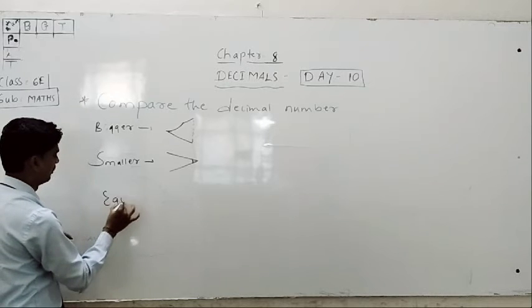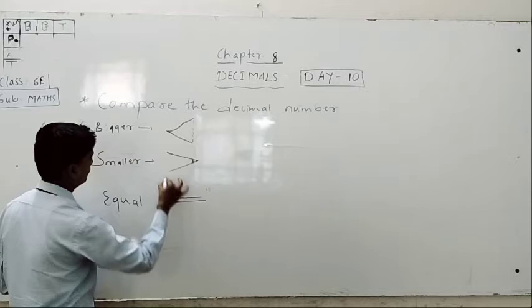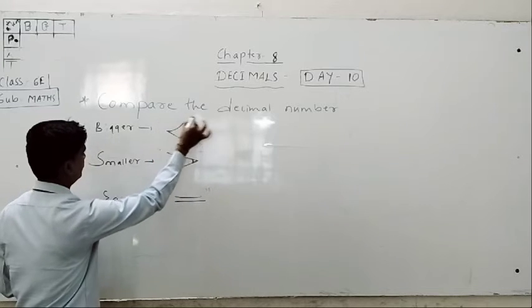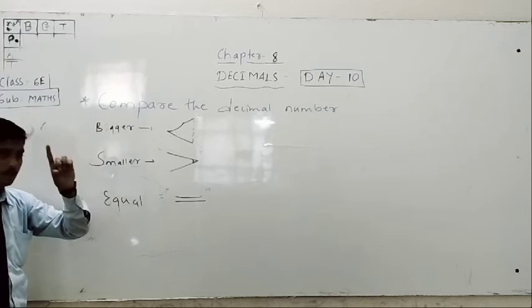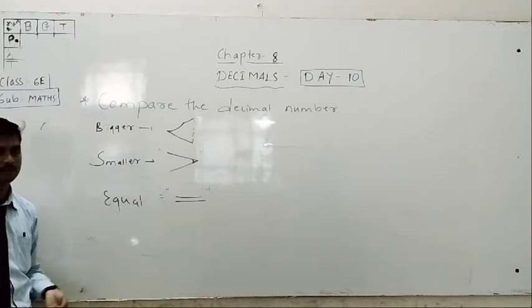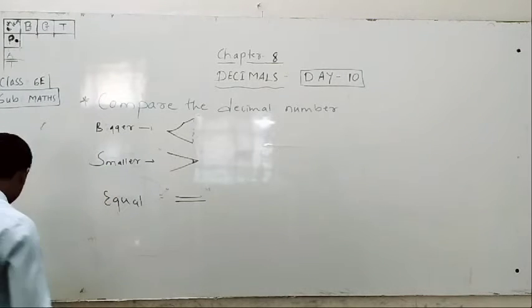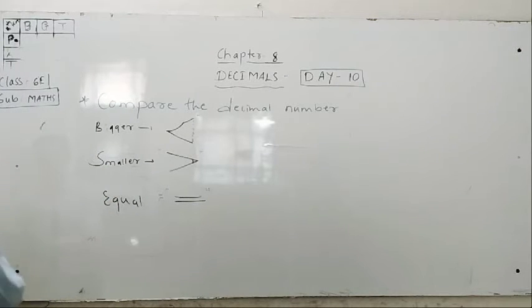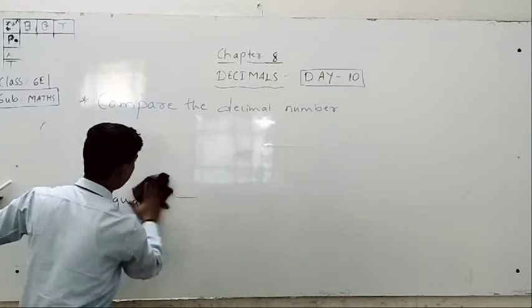Then equal. These are the symbols. Compare the decimal numbers, then you have to use the given symbols. It is very important. All of you write down these symbols. Then next, I am going to explain examples.